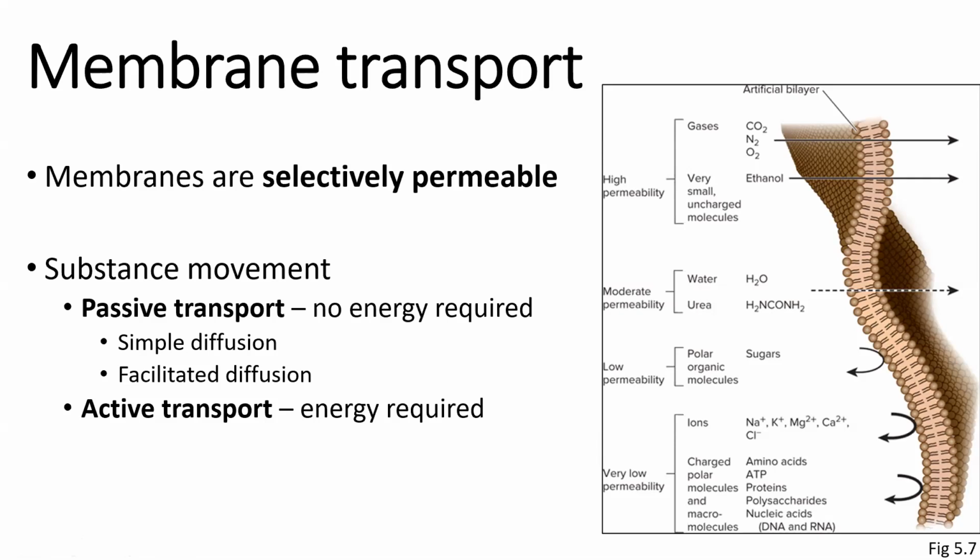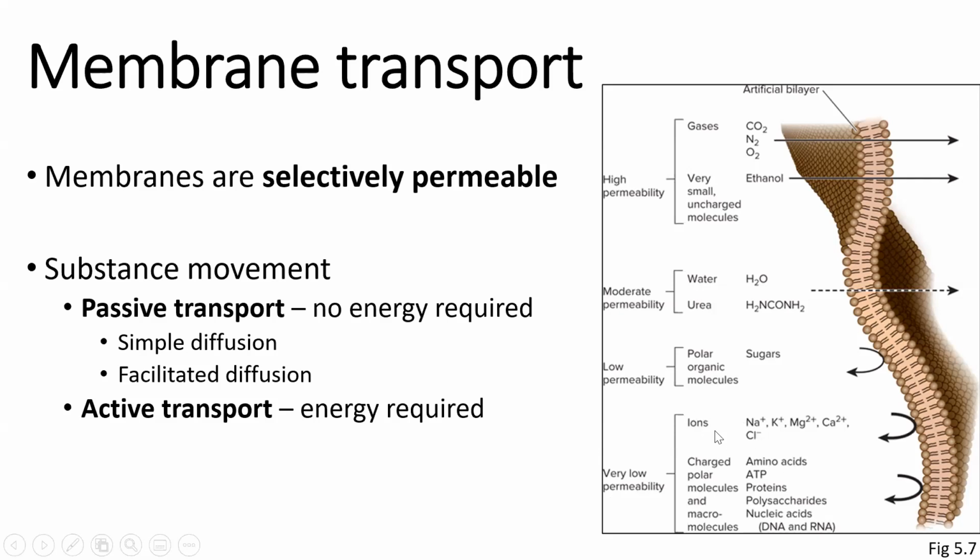Low permeability molecules are going to be, for example, polar organic molecules such as sugars, okay? So glucose, even though it's super important, and we're going to be talking about it a great deal, it cannot just readily cross the membrane. It needs help.